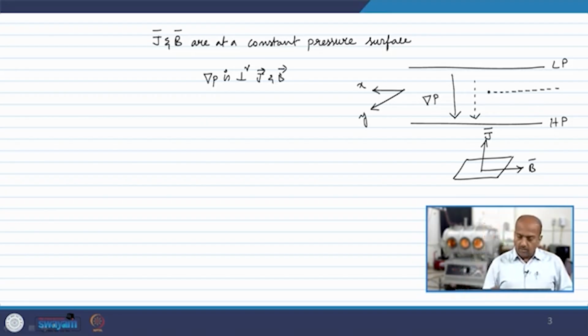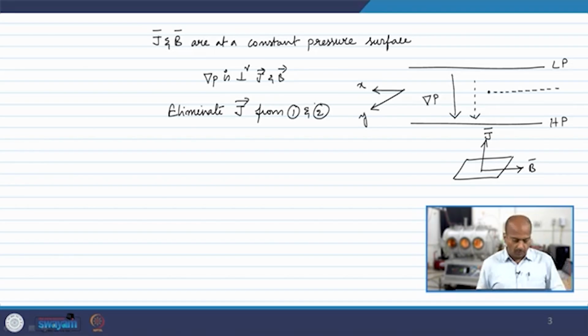Okay. Let us go back to equations number 1 and 2. If we eliminate J from equations 1 and 2, what will we get?